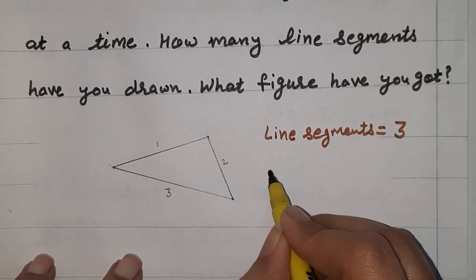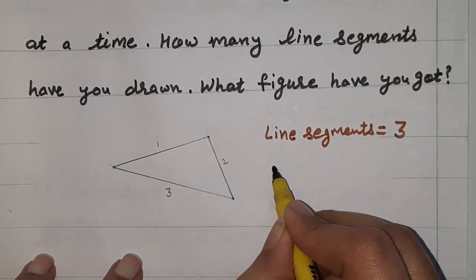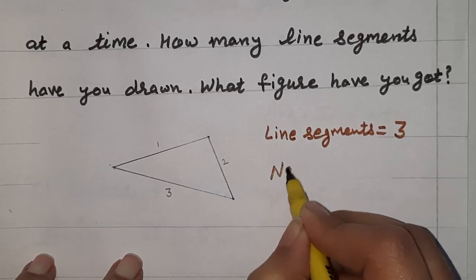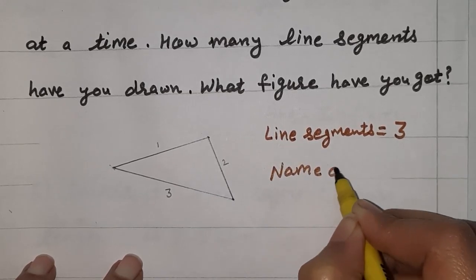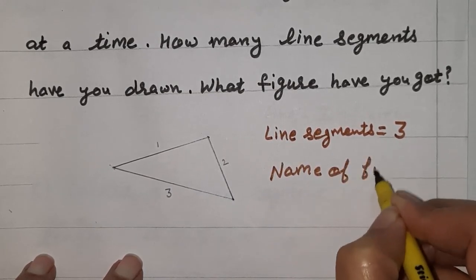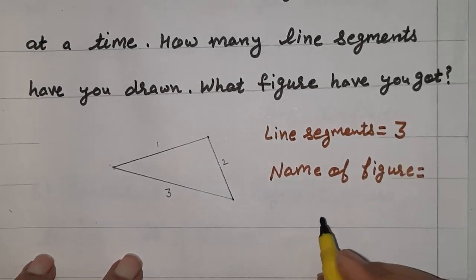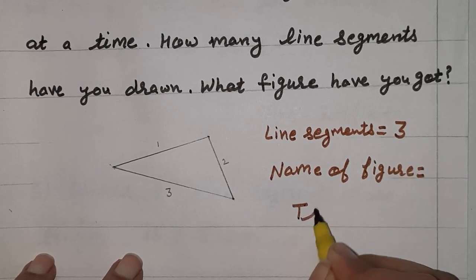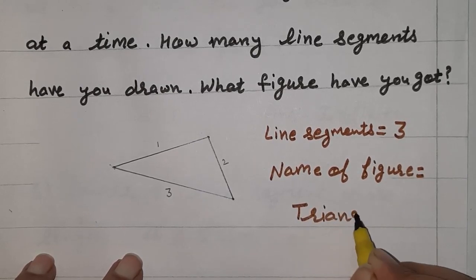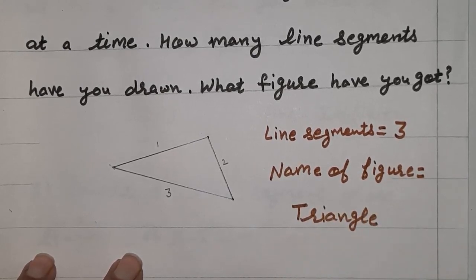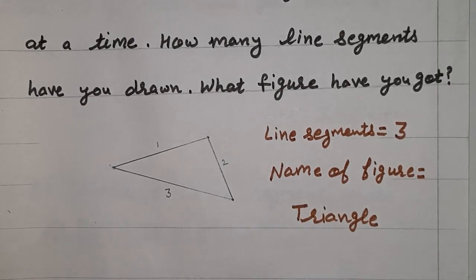Name of the figure? It is equal to triangle. Having 3 sides and 3 angles is known as triangle.